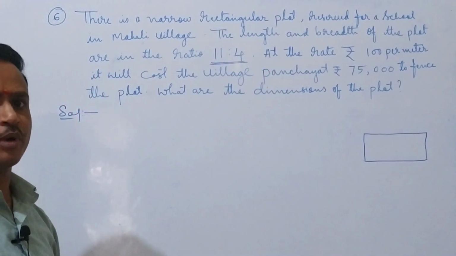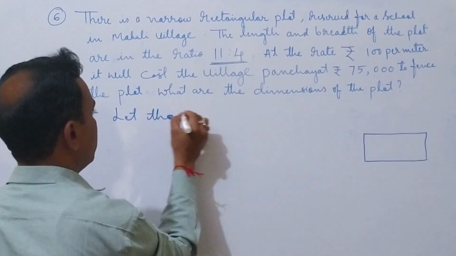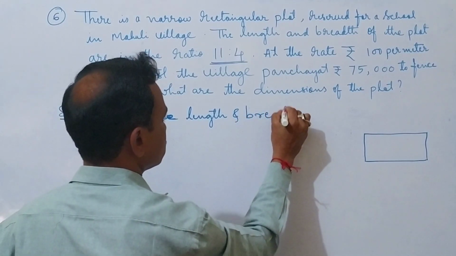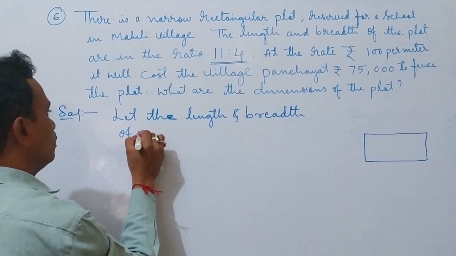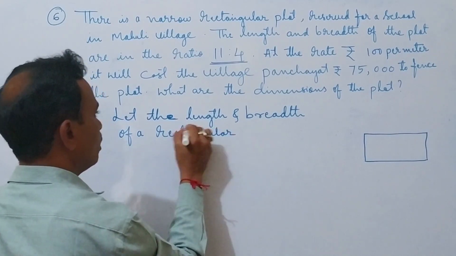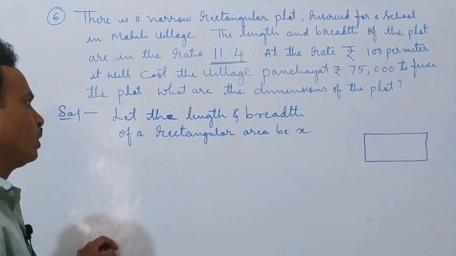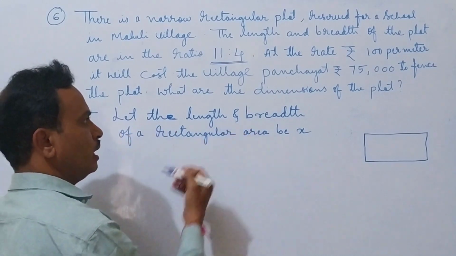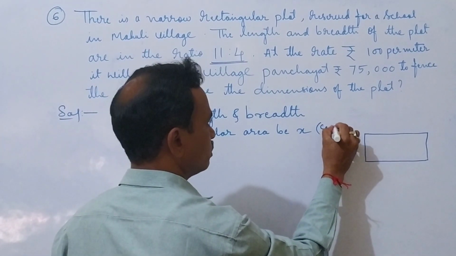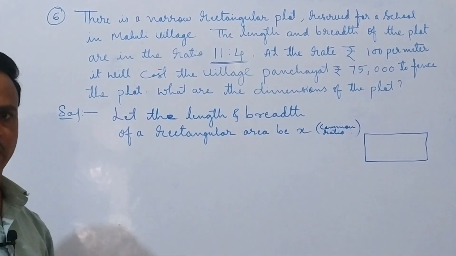We should take the common ratio to be x. Let the length and breadth of a rectangular area be in the common ratio x.